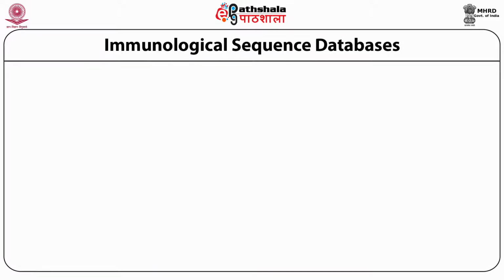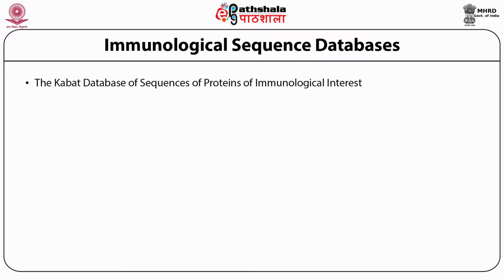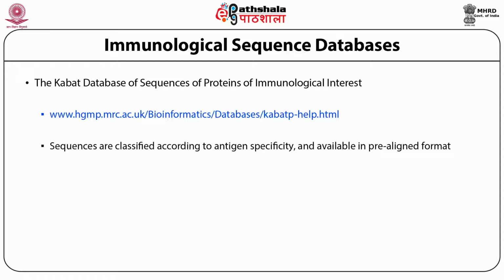Now we provide information about the immunological sequence databases, like the Kabat database of sequences of proteins of immunological interest. You can see the URL. Once you click on this URL, you can get information about the proteins of immunological interest, and the sequences are classified according to antigen specificity and availability in aligned format.